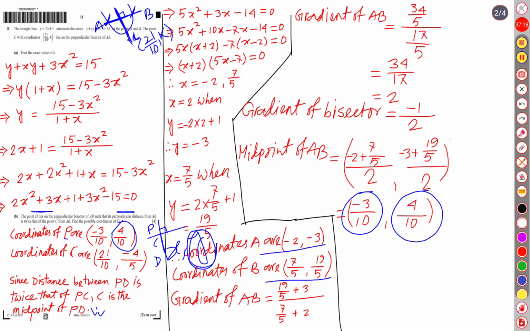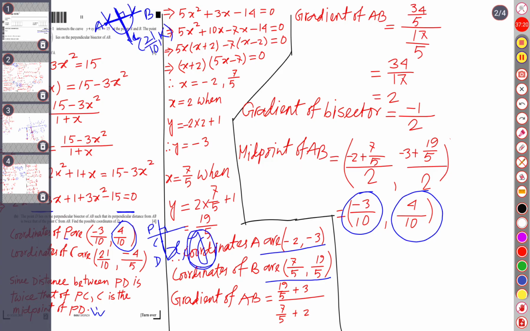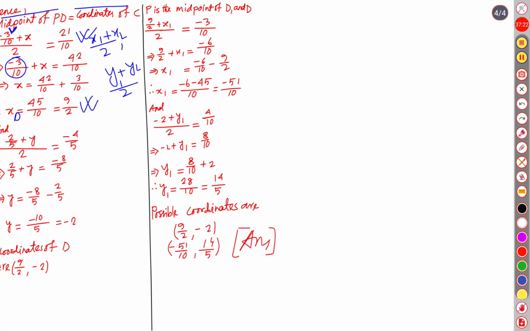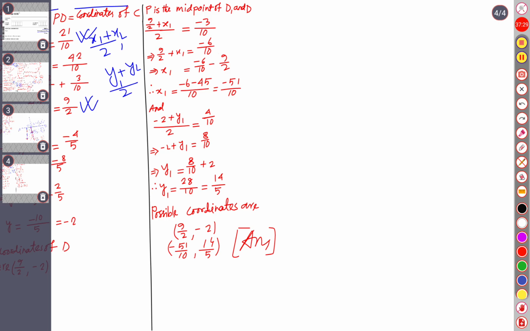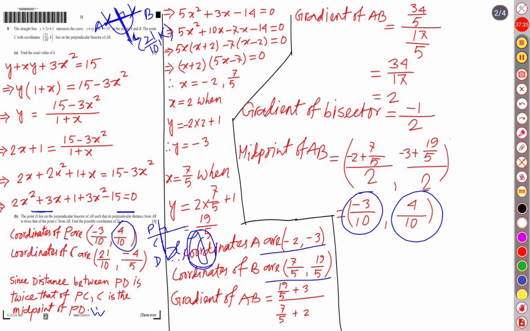So 4 over 10 plus y. 4 over 10 can be written as 2 over 5. So 2 over 5 plus y.